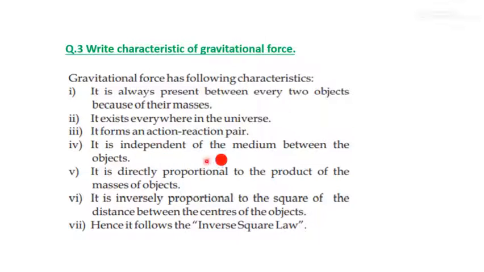It is independent of the medium between the objects. It is directly proportional to the masses of the objects. It is inversely proportional to the square of the distance between the centers of the objects. Hence, it follows the inverse square law. What is the inverse square law?